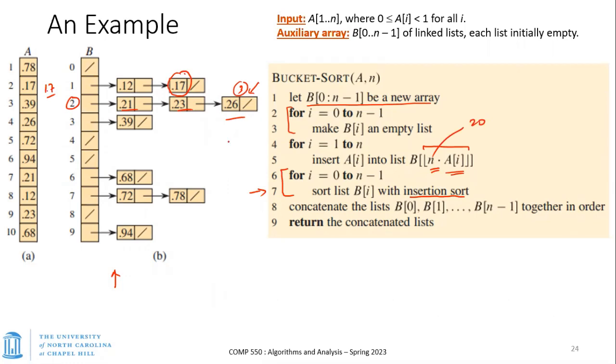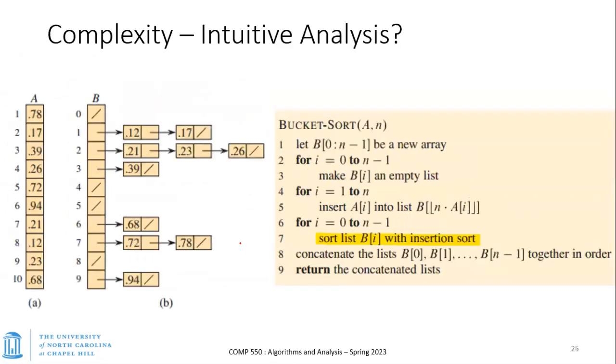Once you've done this, it's clearly very simple. You simply concatenate these lists, and here we're using linked lists. You can see from the diagram that we're using linked lists to perform this. If you look at this algorithm, what is your intuitive analysis of its complexity?